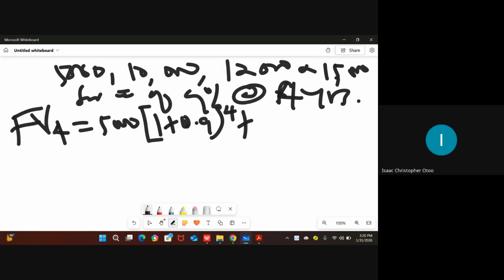Then plus the second one, 10,000 times bracket 1 plus 0.09 to the power n minus 1.